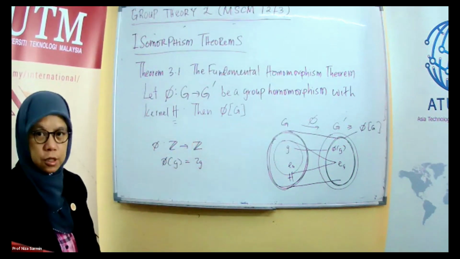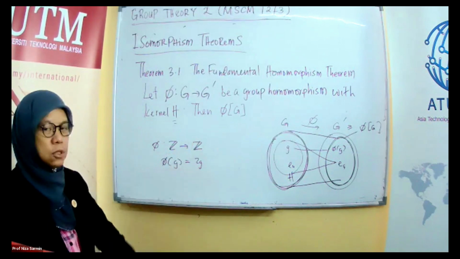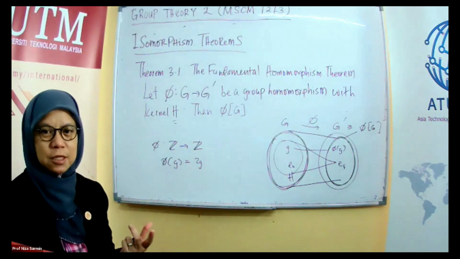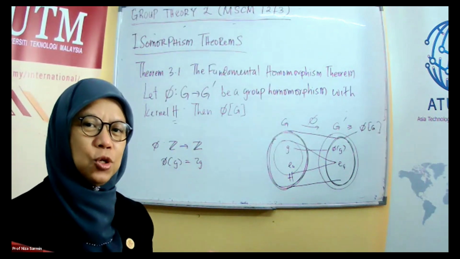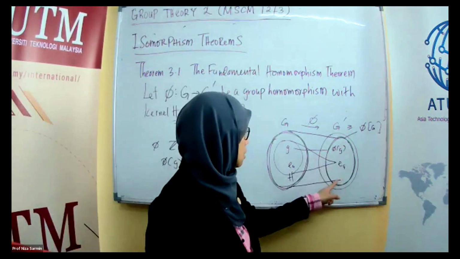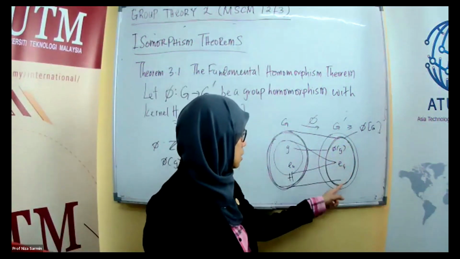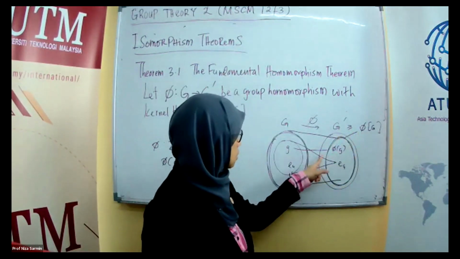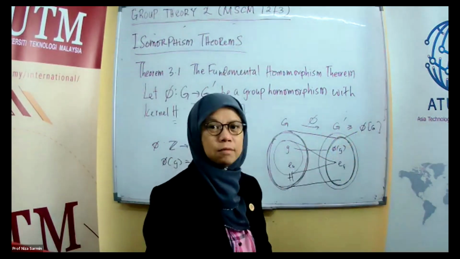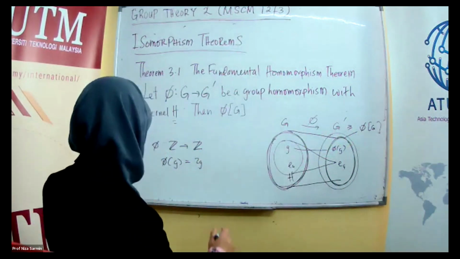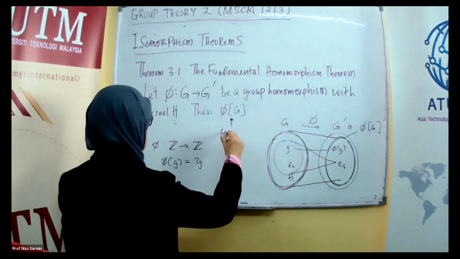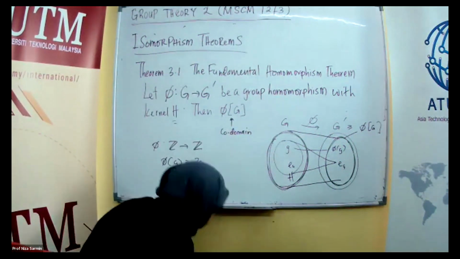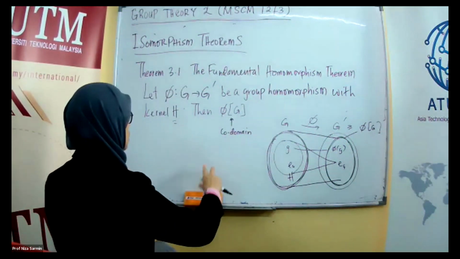From integer to integer, but the image is 2g, meaning we don't have the odd numbers as image, right? So the even numbers will be here as part of the image, but you have the odd numbers in the co-domain, right? We call it that. All right. So that's why we have that.